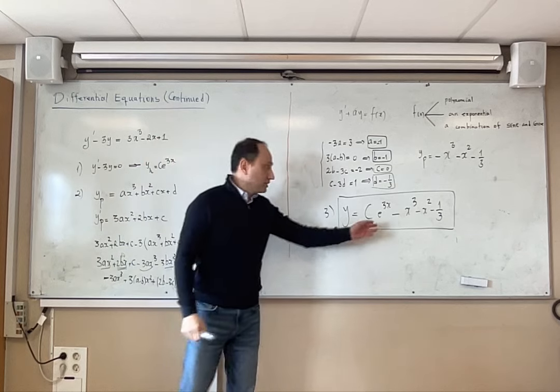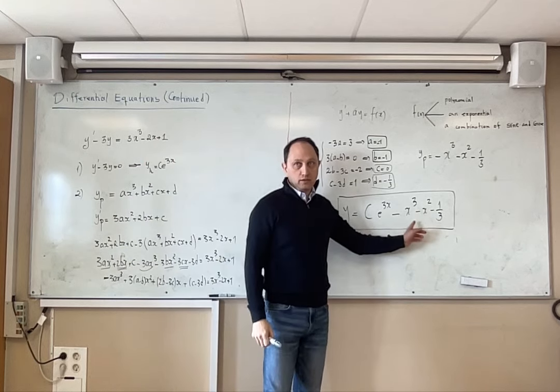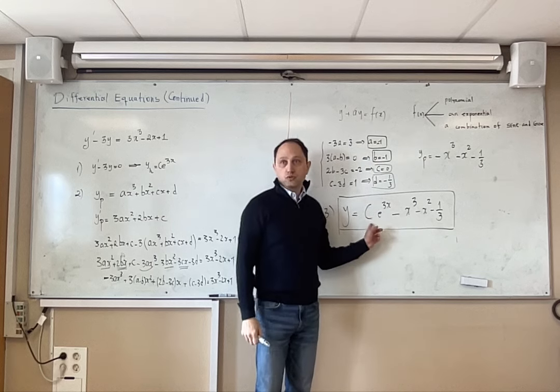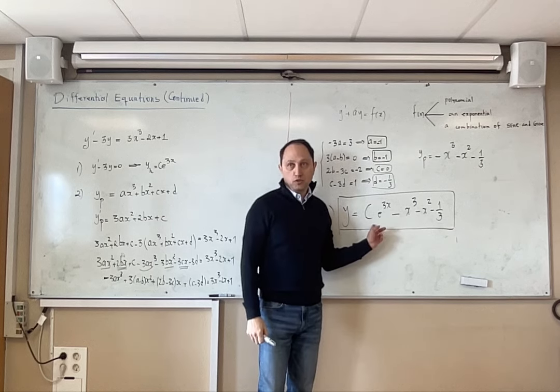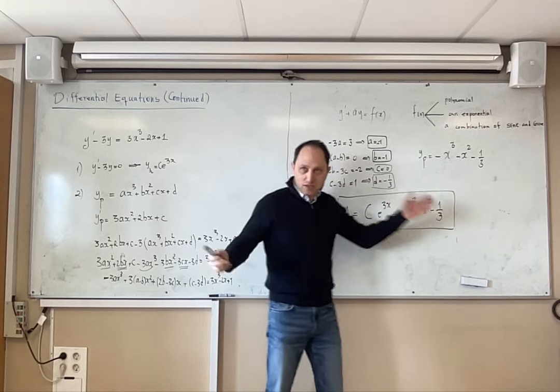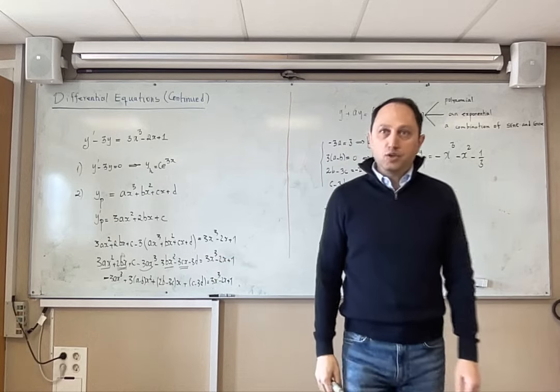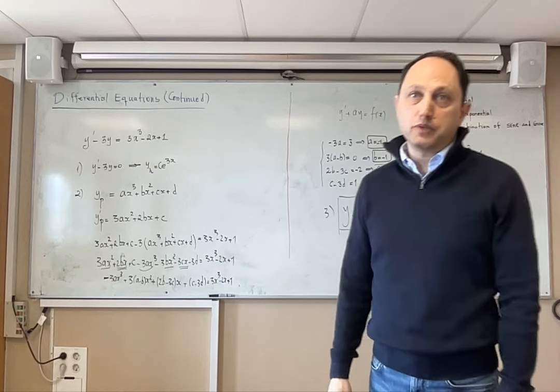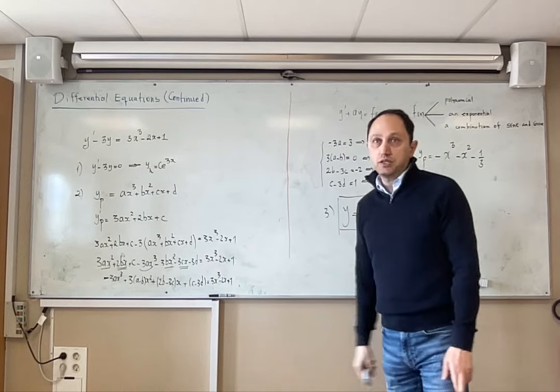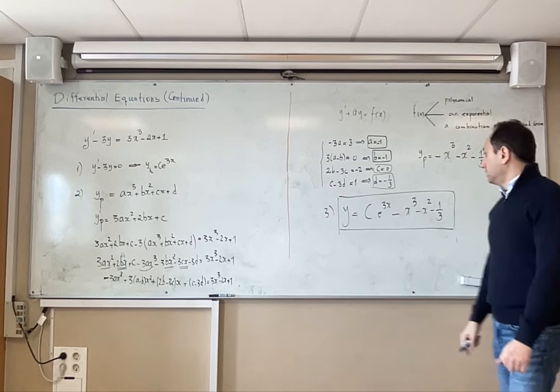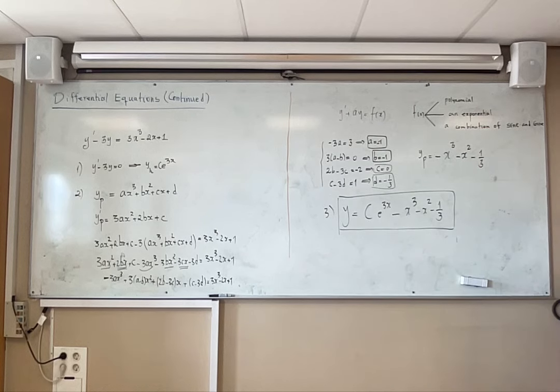So you are not allowed. There is no freedom anymore here. Okay. The only freedom is to choose whatever you want for C. Yeah. But you cannot say that I choose one here, and that's the whole point of the general solution. You cannot have more than one free parameter, because the degree of the equation is 1. Is that right?